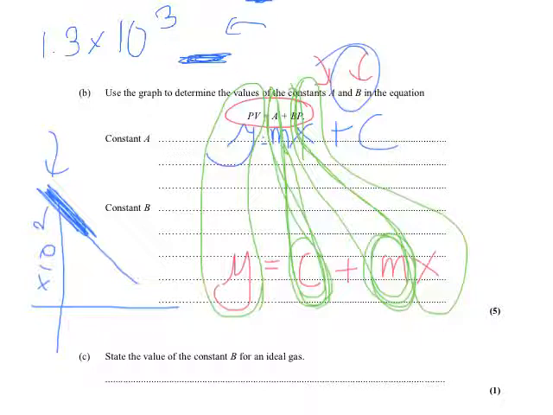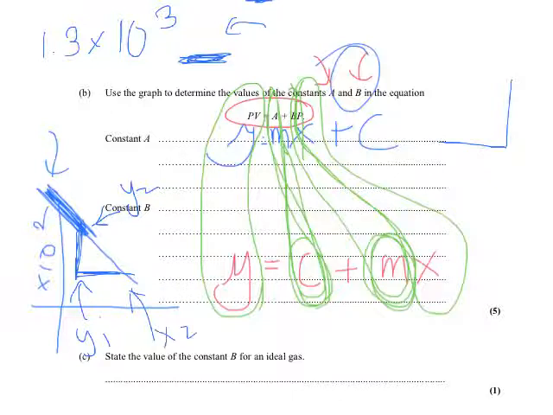And then your gradient, you have to actually show your calculation. You have to do your y2 minus y1, which some of you did. It's rise over run, so you would get your x2 minus x1.